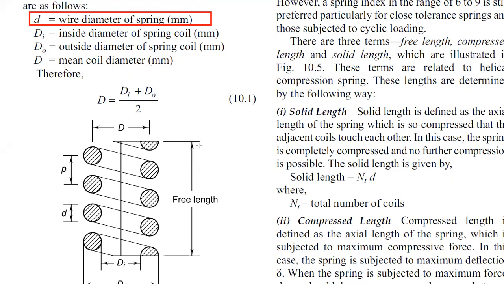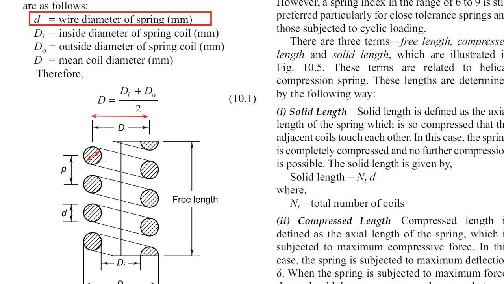You can see this dimension as small d. This is capital D. And capital D is the outside diameter of the spring, if it is a hollow kind of spring.